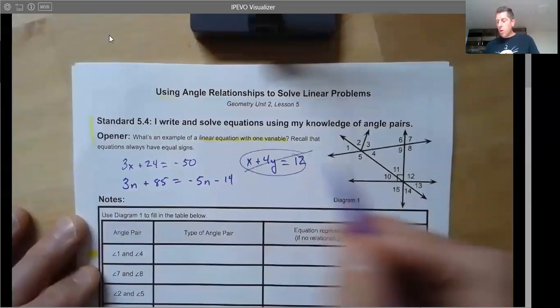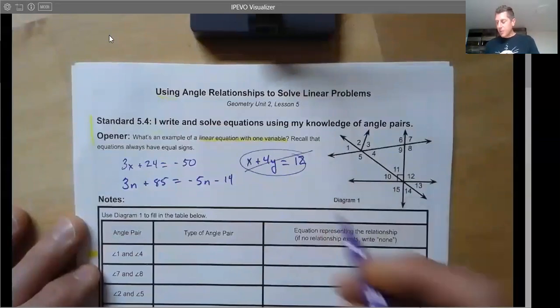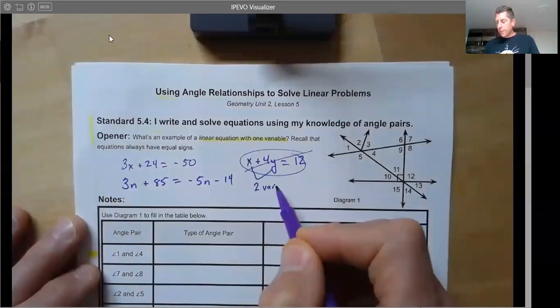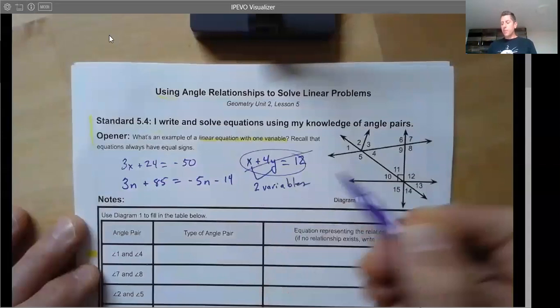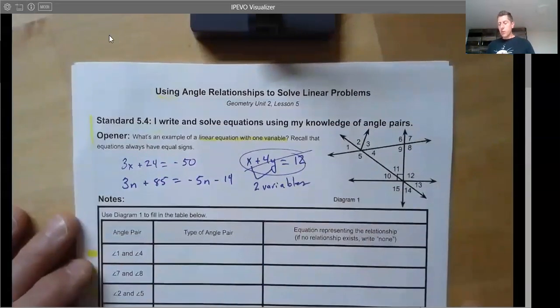See if you can figure out why. It would be incorrect because there are two variables, x and y. So that's what makes it wrong. Okay, so linear equations, what we've been working on so far.